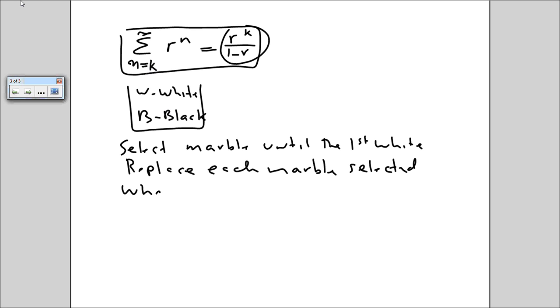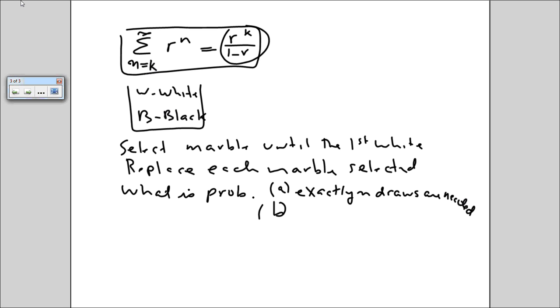Now suppose you're asked, what is the probability that, part A, exactly N draws are required, and part B, at least K draws are needed.